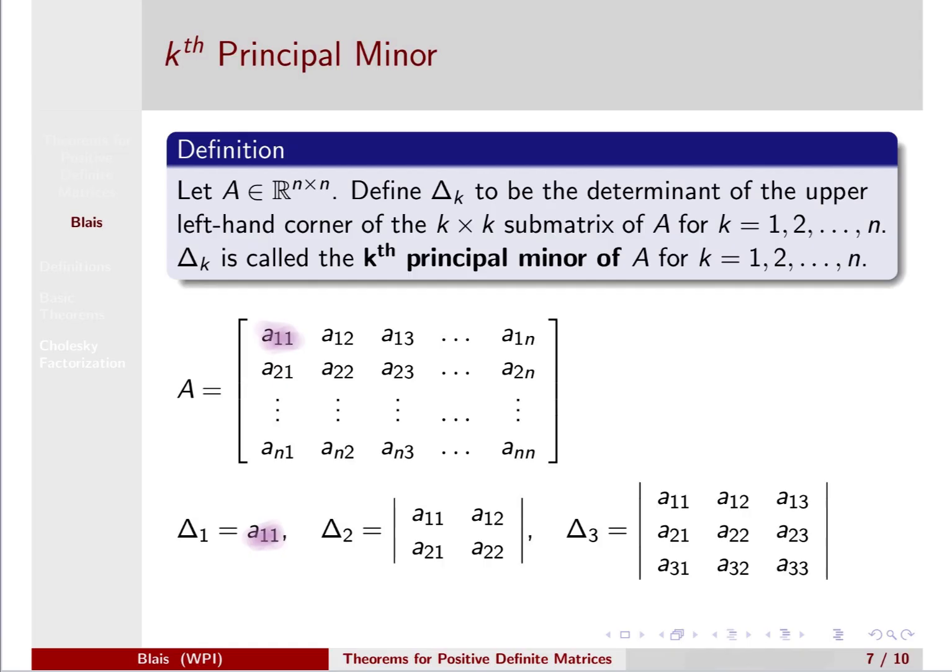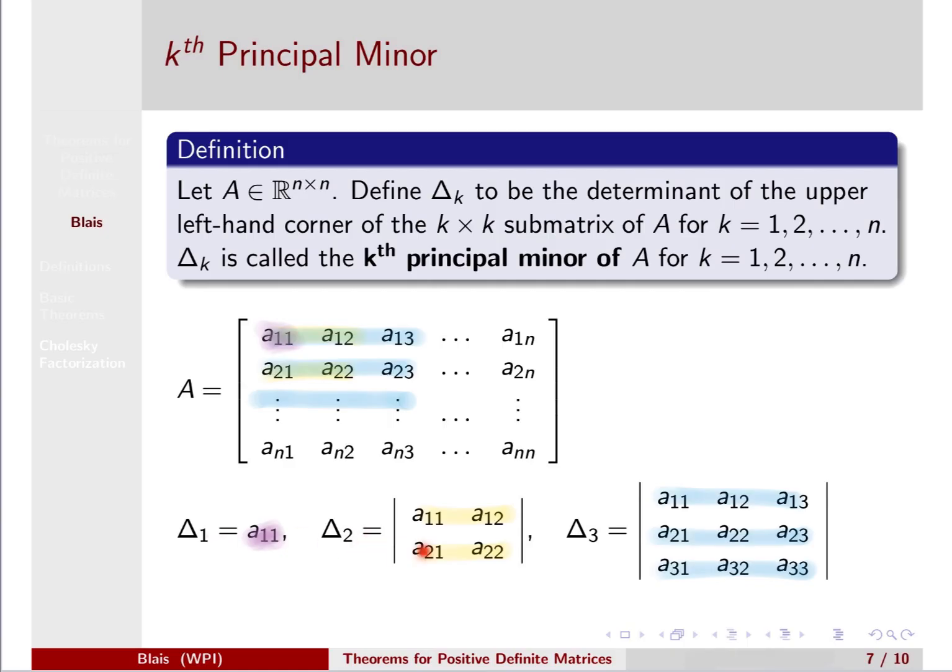To get the second principal minor, we do the 2 by 2 submatrix in the upper left-hand corner, and that gives us this submatrix here, A11, A12, A21, A22. For the third principal minor, we have the 3 by 3 in the upper left-hand corner, and that gives us this.